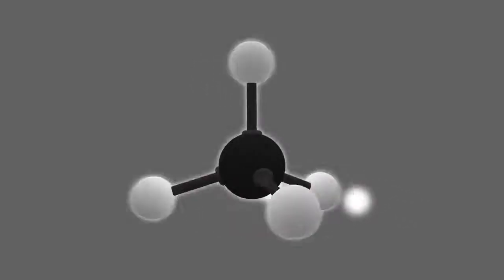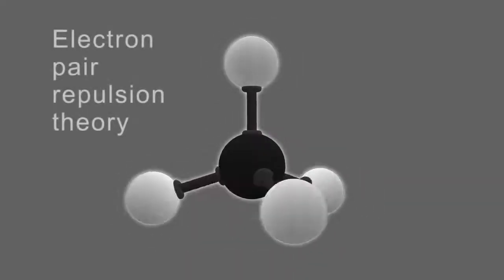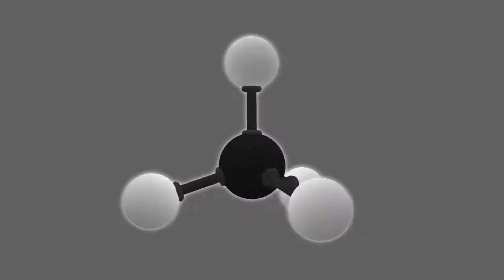Imagine now the central carbon atom surrounded by a sphere. We now need to position the 4 hydrogen atoms in such a way as to ensure that all the paired electrons in the covalent bonds are as far away from each other as possible. This is known as electron pair repulsion theory, as the electron pairs in both bonding and lone pairs repel one another.